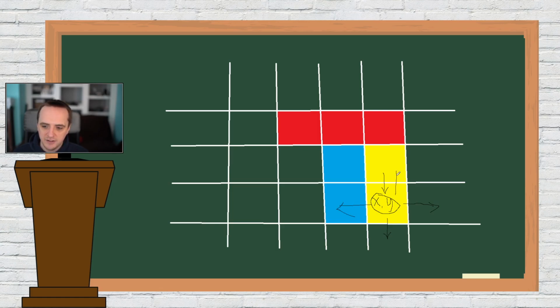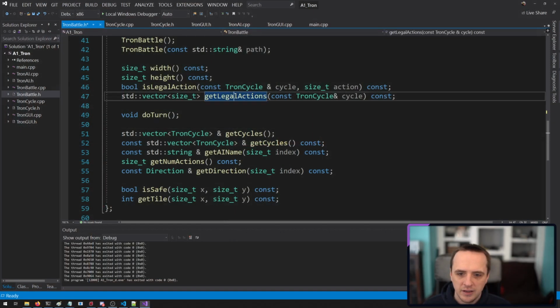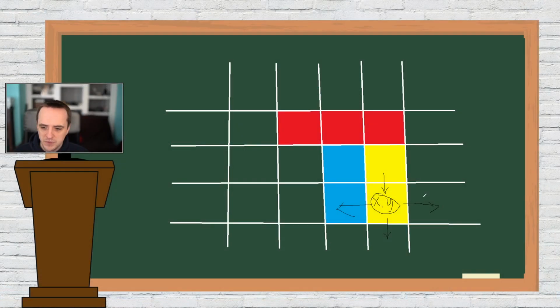But I cannot set my direction to up. That is illegal. Okay, that is not a legal action because it would instantly kill myself and doesn't make any sense. So this function over here is legal action. You pass in a cycle and an action, and it will tell you if it's legal. So if I go back to the blackboard, going this way is legal, going down is legal, going left is legal, but going back up when I've just come down is not legal.